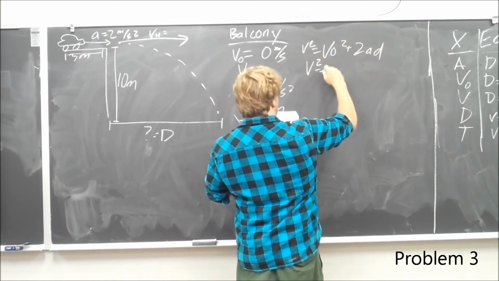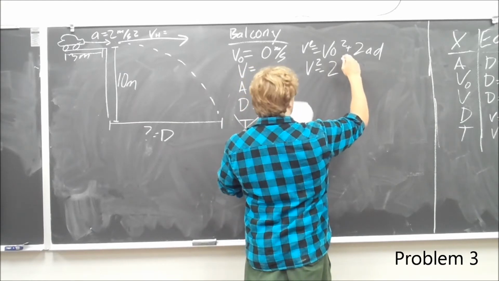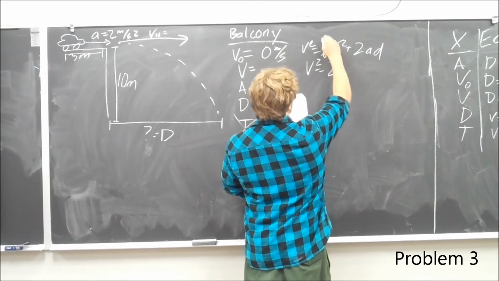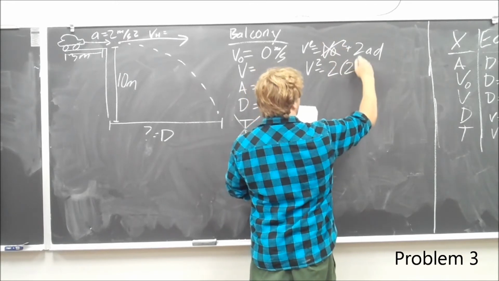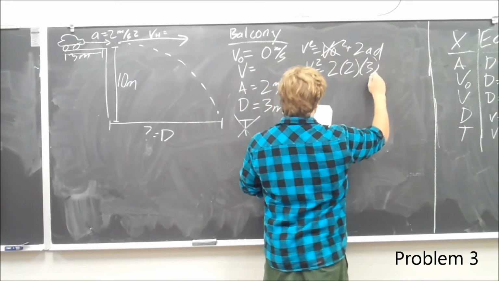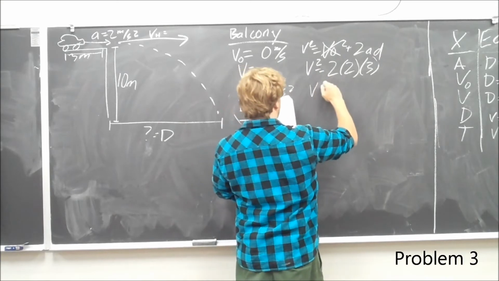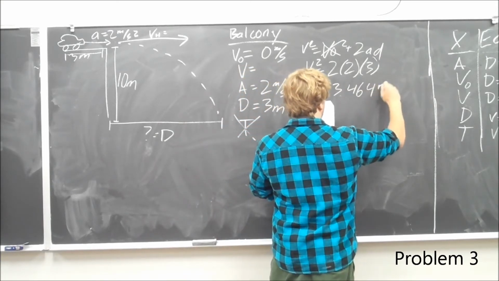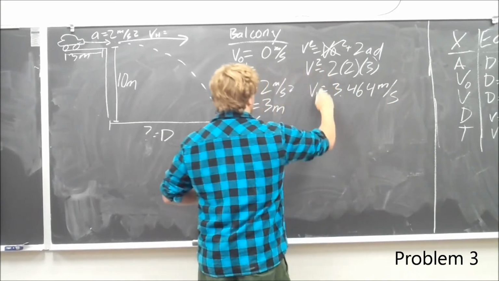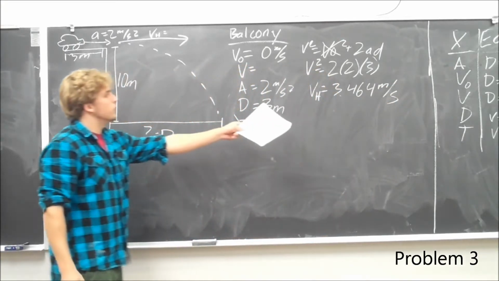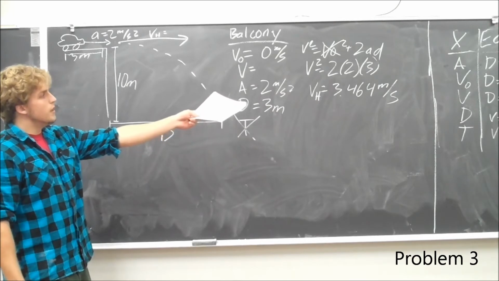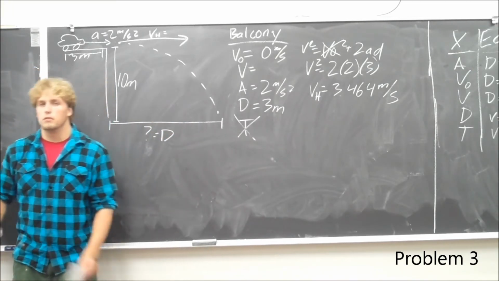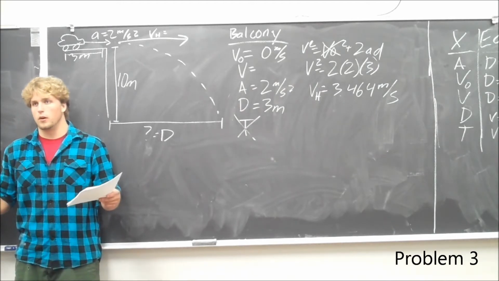V squared is equal to 2, this goes away, so 2 and then 3. So now I have V horizontal. V horizontal is 3.464 meters per second. Does anybody have any questions up to this point as to what I did?